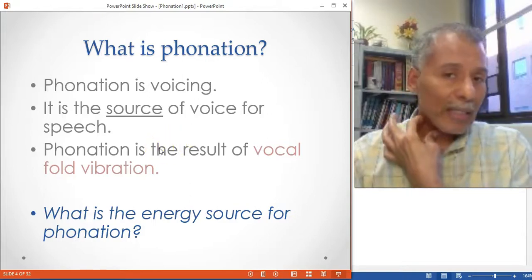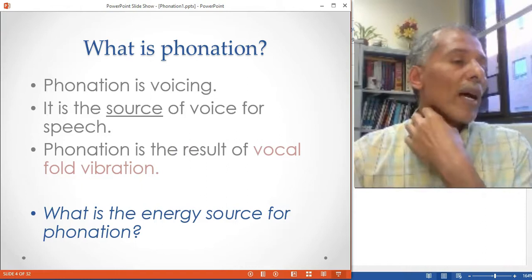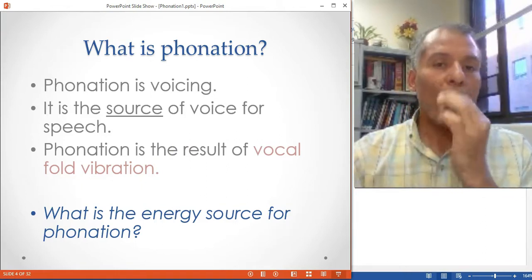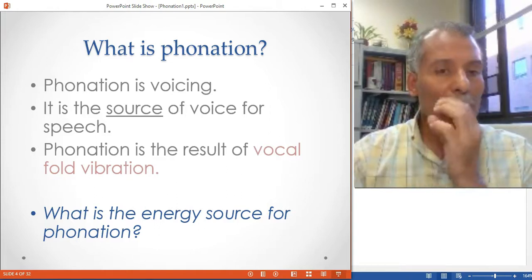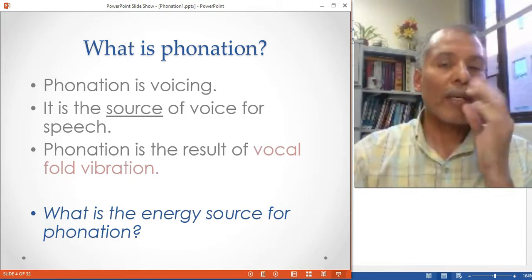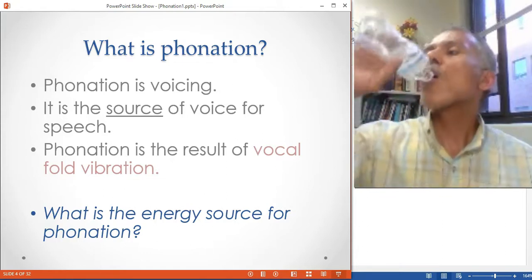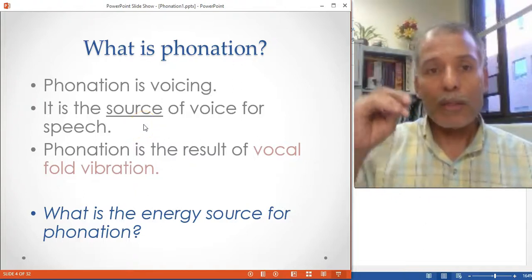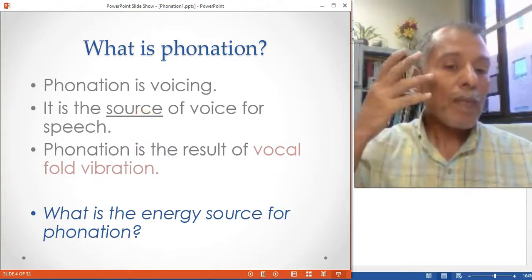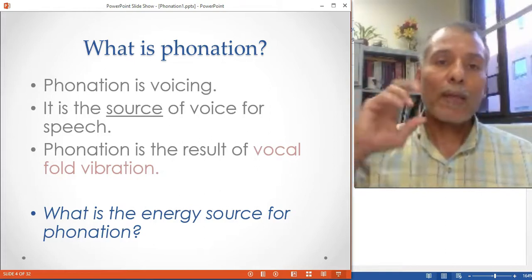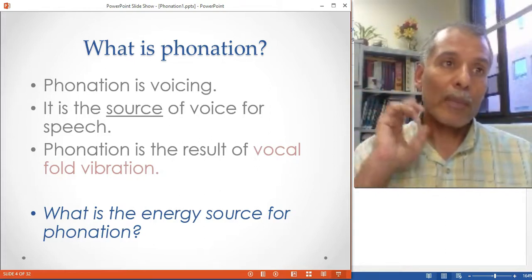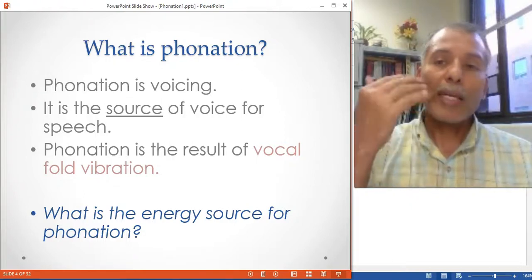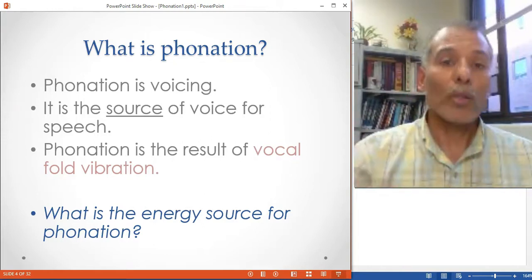As the buzz exits into your pharynx, and then oral cavity or nasal cavity, it is then articulated in the oral cavity, where you block the air in different locations, and basically you chop that air column that is coming through the vocal folds into speech sounds and words and so on.